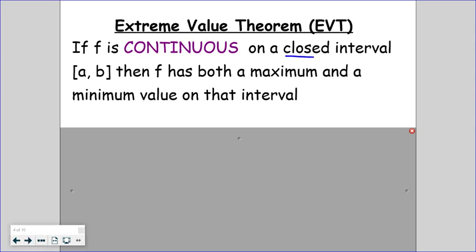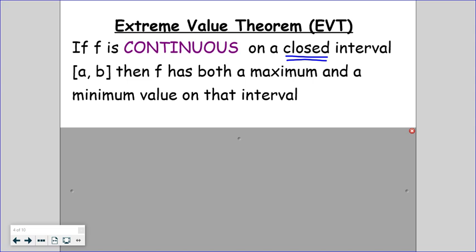And if you think about the examples we just did on the last page, one of those had a closed interval. If those two things are true, it's a continuous function and it is a closed interval, I can guarantee by the extreme value theorem that we will have both types of extrema, a maximum and a minimum.